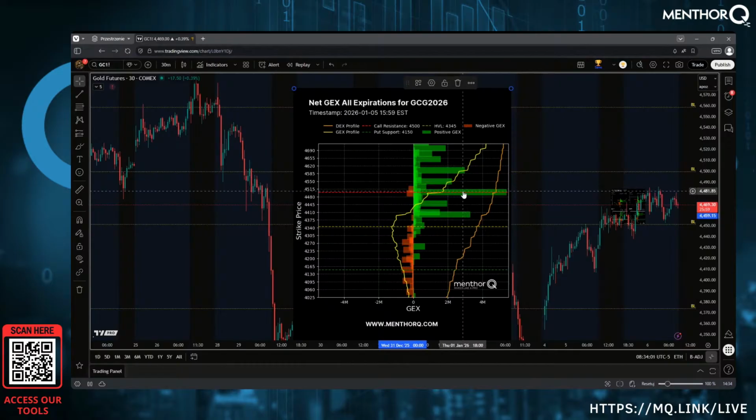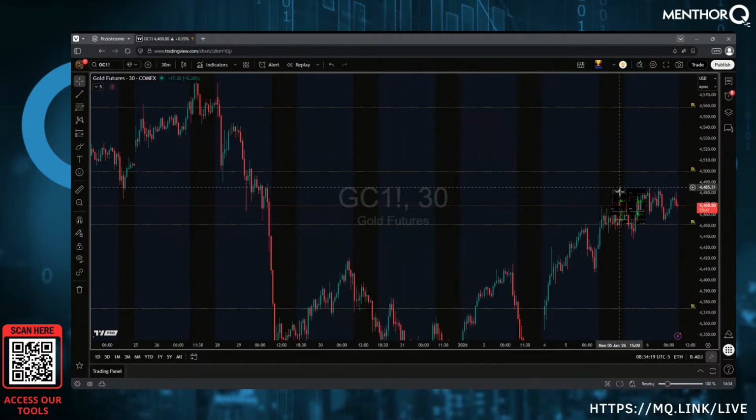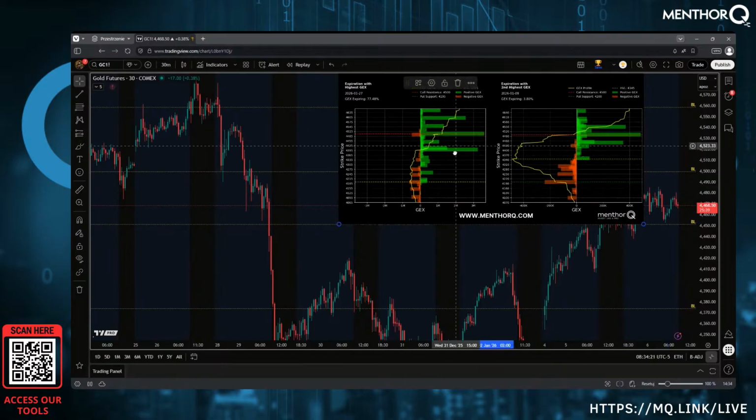And what do we have next? Later, near 46 and 44, two other main strikes, and in the middle, another one. So right now 45, 45.50, 46, 44.50, and 44 are our main strikes from a 0 DTE perspective.